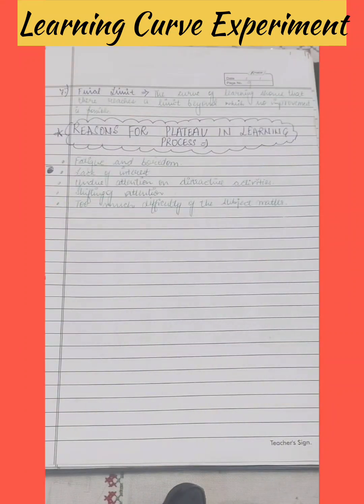So what is the reason for the plateaus that occur in the learning process? Sometimes we are not eager to learn, or we are fatigued, or we get bored with the learning material. Then our learning will stop. Second, which is the most important thing, is lack of interest. If you don't have interest in learning something, then you won't be able to learn.